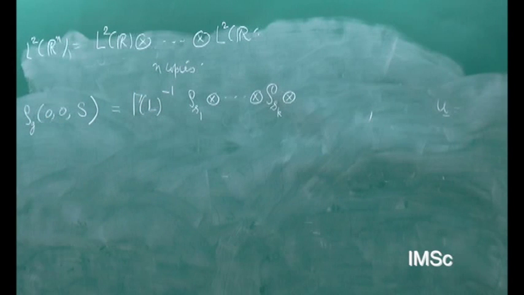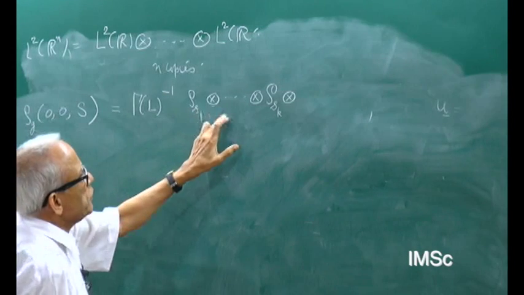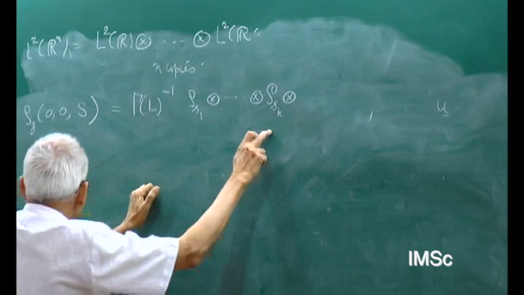In the first copy you put rho S1, in the second copy you put rho S2, in the kth copy rho Sk.